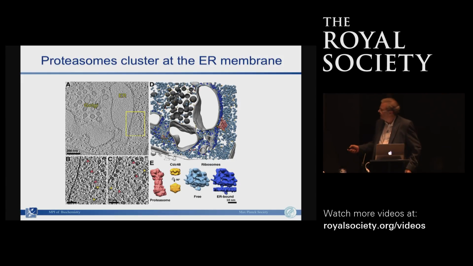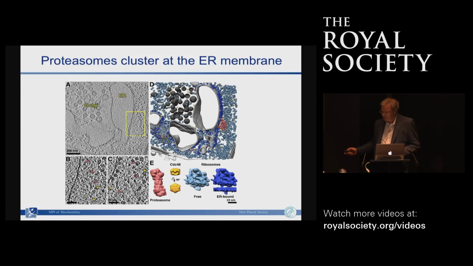Now, as we look at the endoplasmic reticulum here, there's a region of the endoplasmic reticulum. What we see is that we don't have single proteasomes sitting on the surface of the endoplasmic reticulum, but we have clusters of proteasomes sitting there, and these clusters segregate very well from the regions of the ER which are occupied by ribosomes.